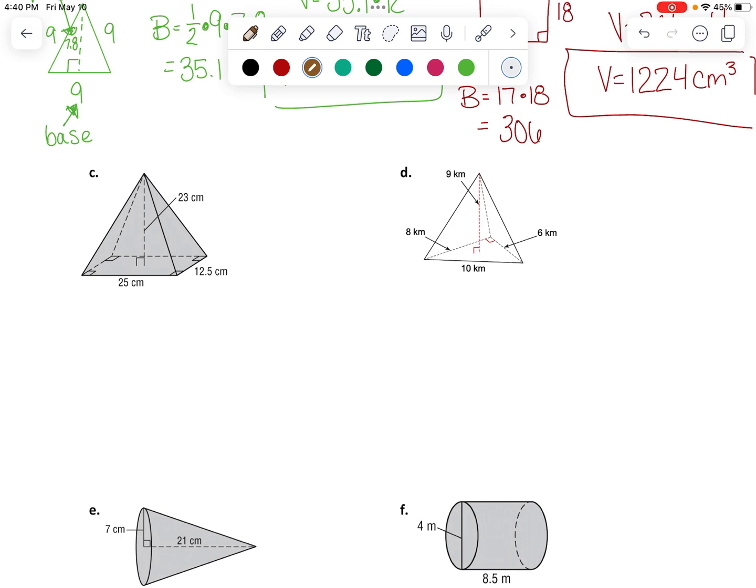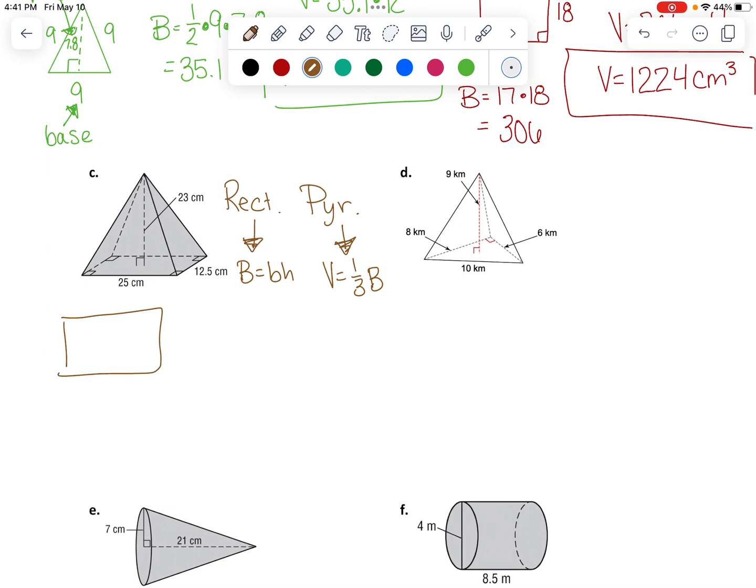Okay, next one. This is a rectangular pyramid. Having a rectangular base means base area is base times height. Being a pyramid means the volume is 1/3 base times height. So, base was that rectangle.